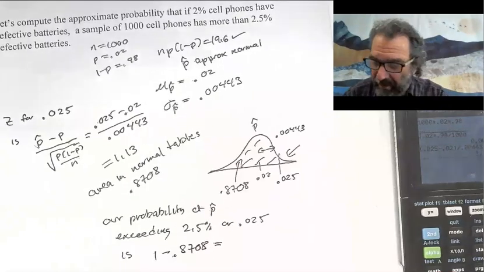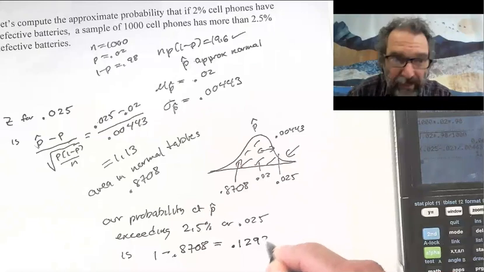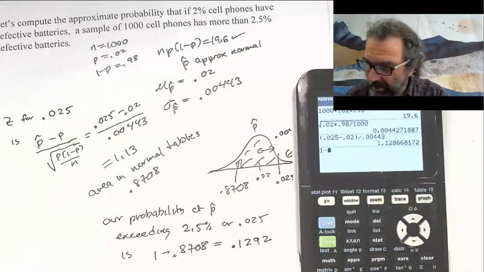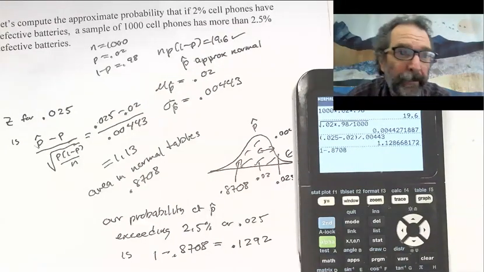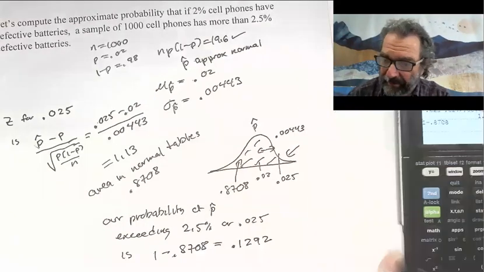Okay, which ought to be 0.1292, but I always check that. 1 minus 0.8708 is 0.1292. Yeah, we're in business. Okay, check.